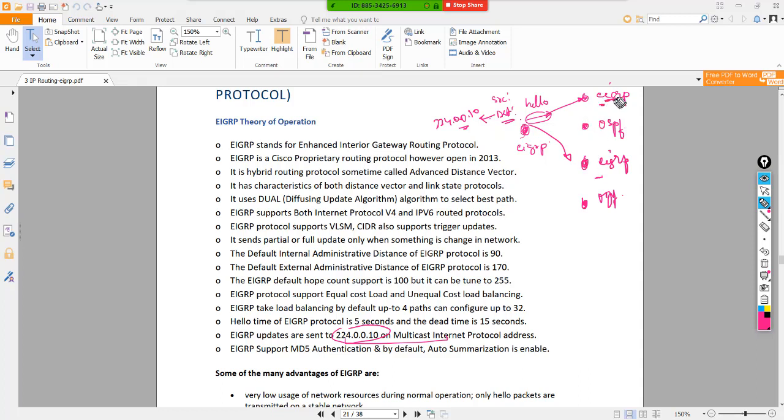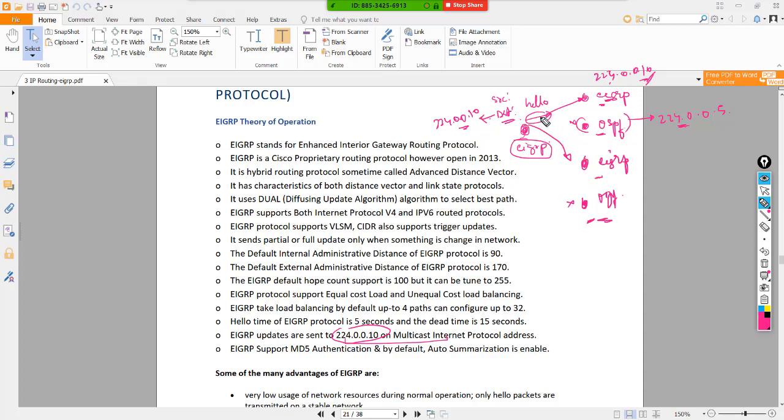Now when this hello packet is sent over to these EIGRP routers, they are going to listen, because EIGRP runs over this multicast. Why is the other router going to discard it? Because the multicast IP of OSPF is different. Because of the change in the multicast address, whatever packets originate for EIGRP are going to get discarded by the OSPF routers.